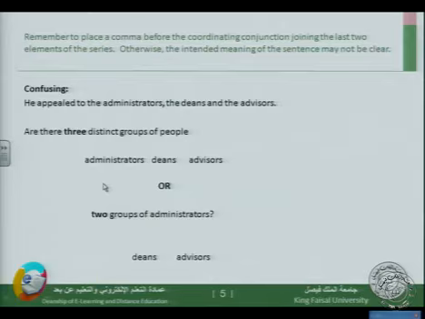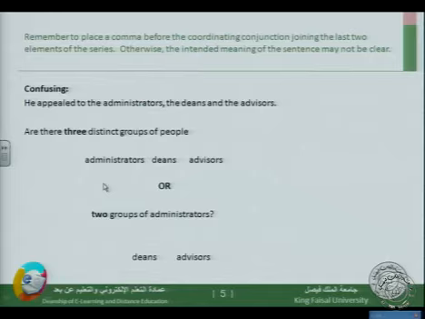Remember to place a comma before the coordinating conjunction joining the last two elements of the series. Otherwise, the intended meaning of the sentence may not be clear. We talked about this in the previous lecture. For example, he appealed to the demonstrators, the deans and the advisors. Notice here, it's confusing.